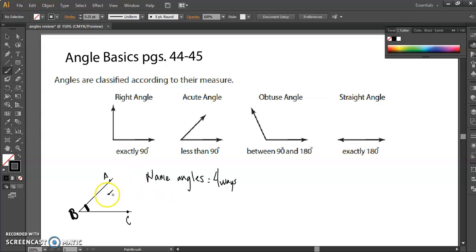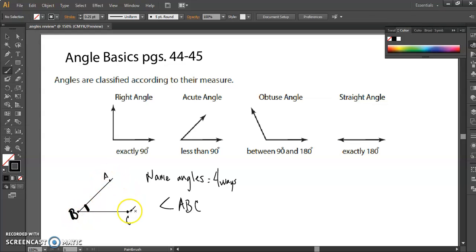The first form is by naming. Remember, we have to use the symbol of the angle, and we're going to write the letters that form the points in order, always keeping the intersection in the middle. So I'm going to name this angle ABC, because I am following the points that make up the angle.